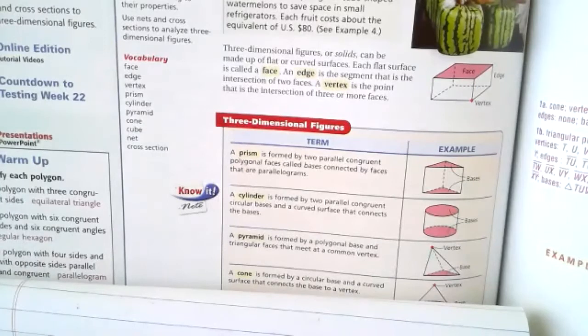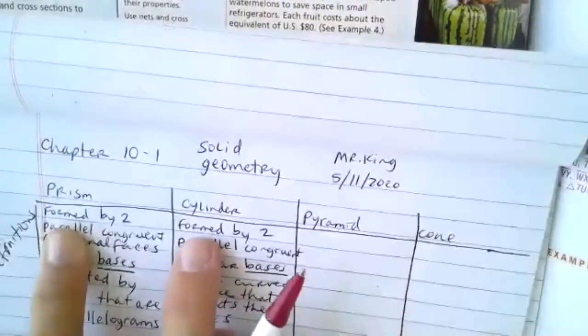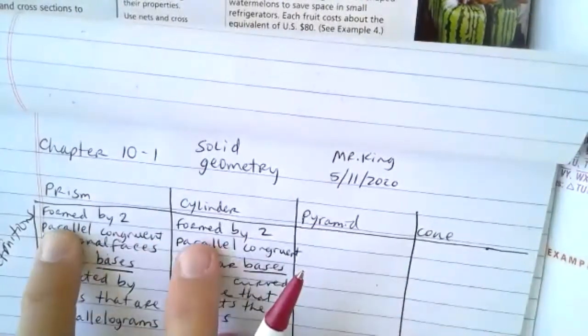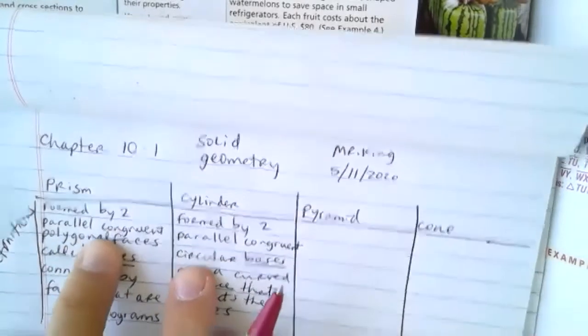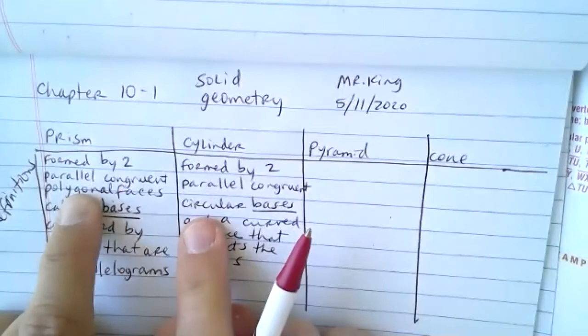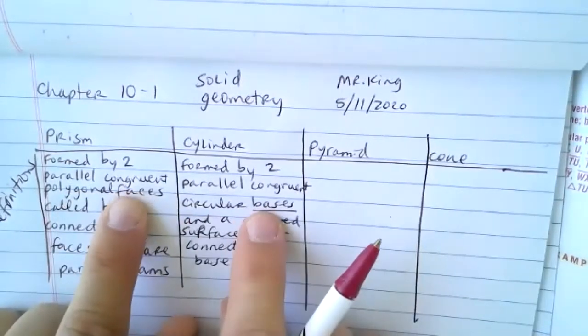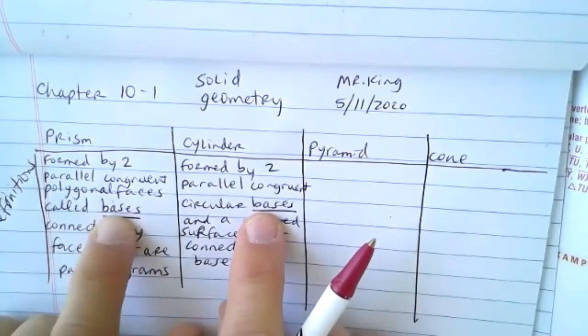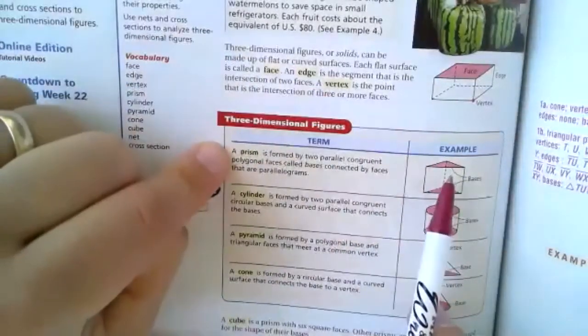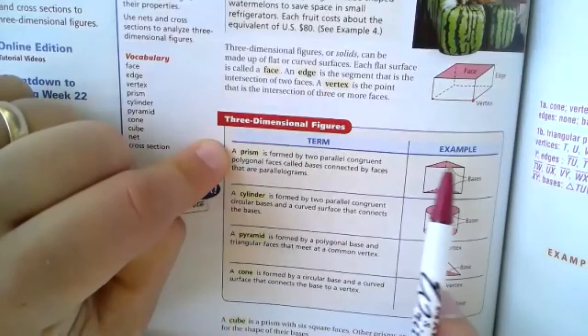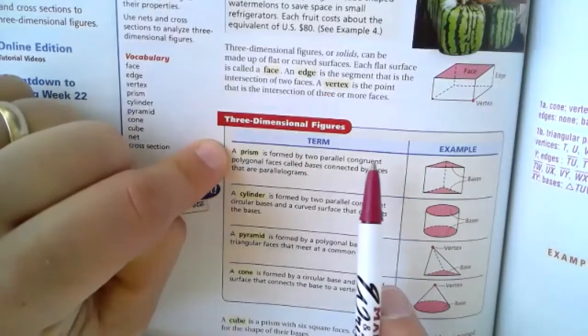Let's go back and hit this real quick. It says formed by two parallel congruent. This one has polygonal faces, and this one has circular bases. A prism can have some kind of polygon for the top and the bottom, but they have to be congruent.